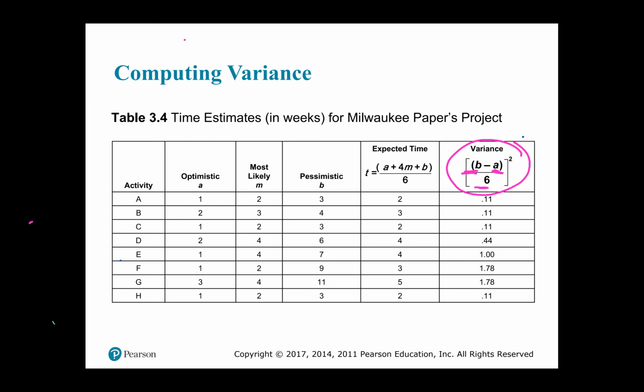So it's B minus A over 6 and everything squared, all right?